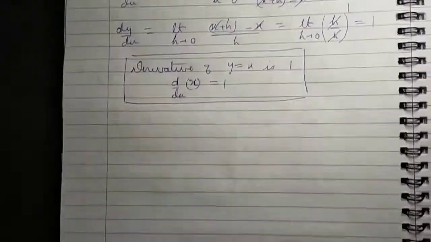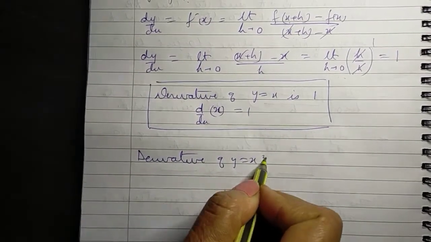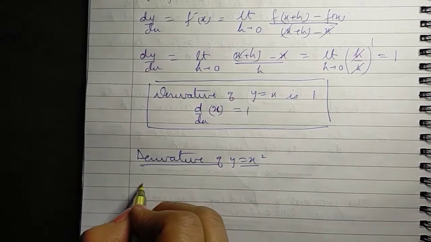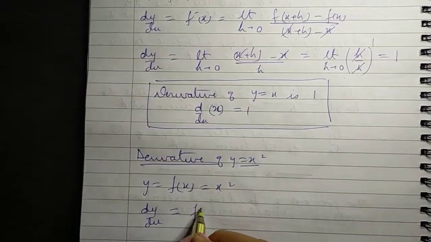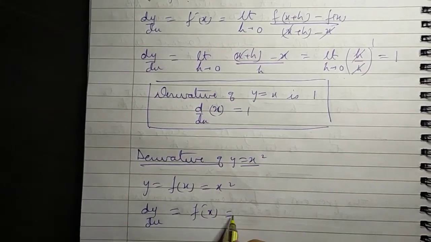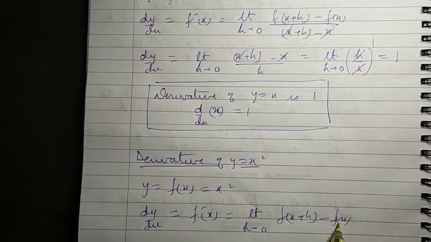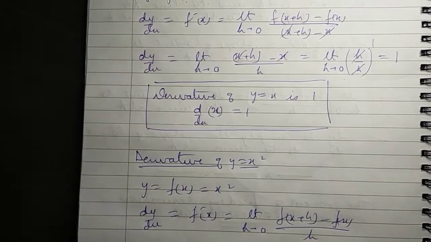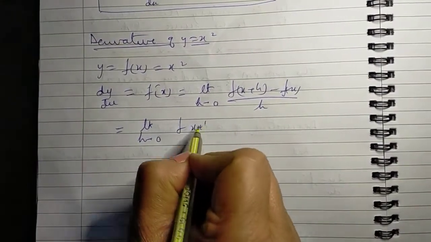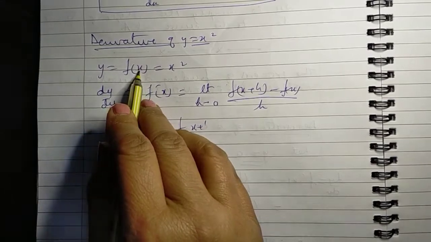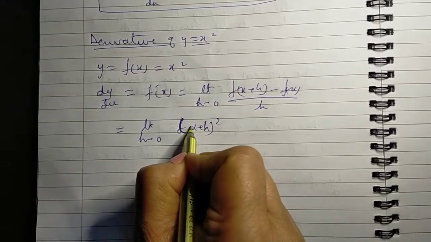Now let's come to the next one. Let's find the derivative of y equal to x square. Again proceeding the same way, y equal to f(x) equal to x square, dy by dx equal to f dash x, limit h tending to 0 of f of x plus h minus f(x) over h. f of x plus h is what? In place of x, you replace x plus h, so you get x plus h whole square.